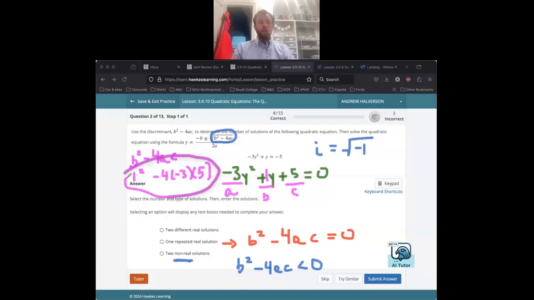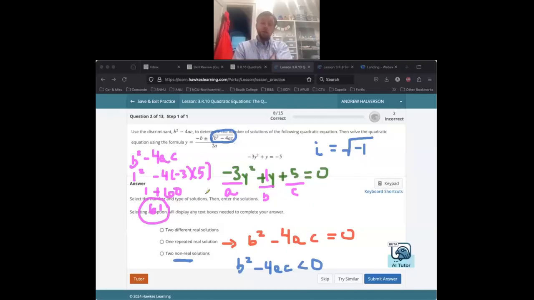So now you simplify this and see if it's positive, negative, or 0. In this case, it's what? 61. So b squared minus 4ac results in 61.